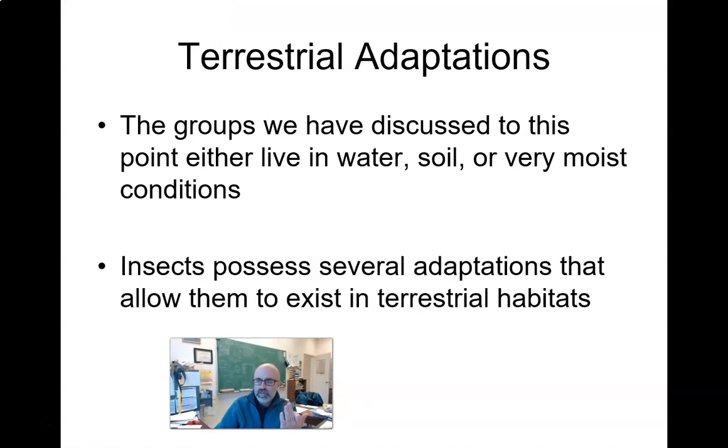A lot of moisture, water from organisms is used in excreting waste. So we've talked about those nitrogenous wastes that come from digesting proteins, and the ways that organisms get rid of those wastes. And a lot of times you take that nitrogenous waste, you dissolve it in water, and then excrete the water.